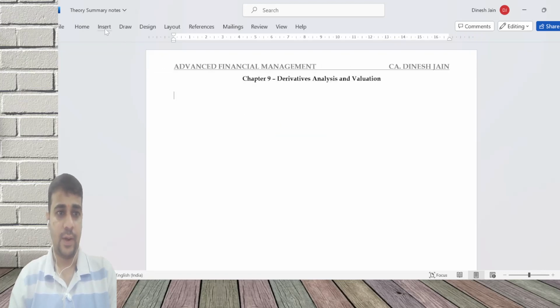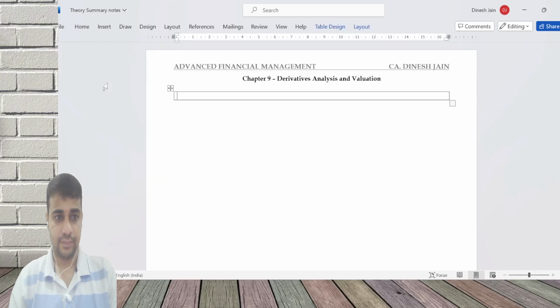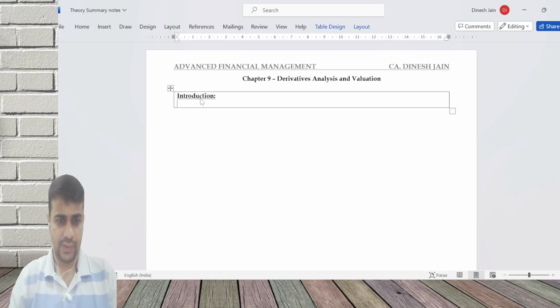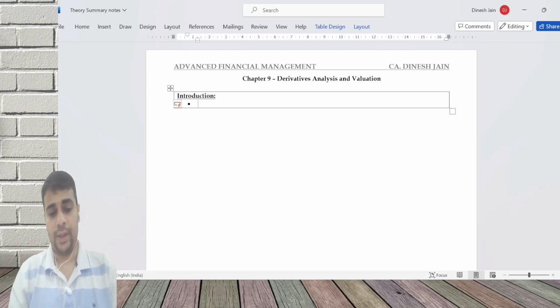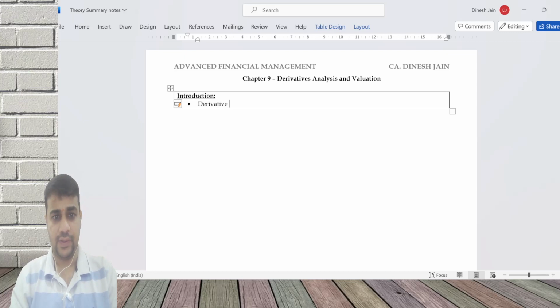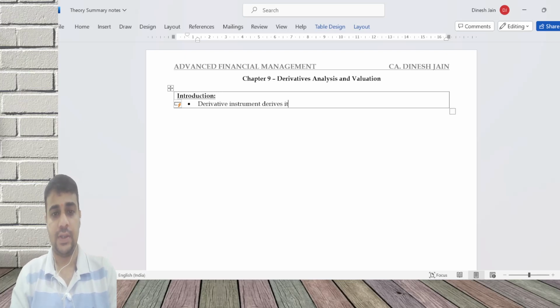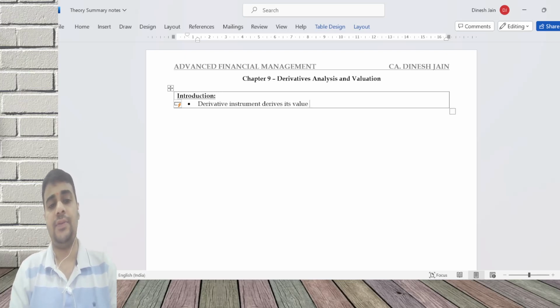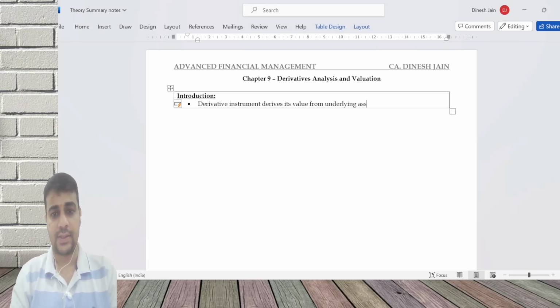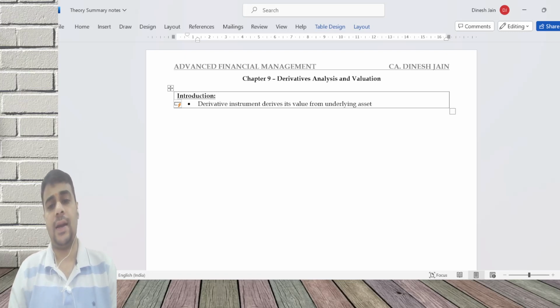Derivatives analysis and valuation. Introduction. Small kind of a summary note. Derivative instrument derives its value from underlying asset.